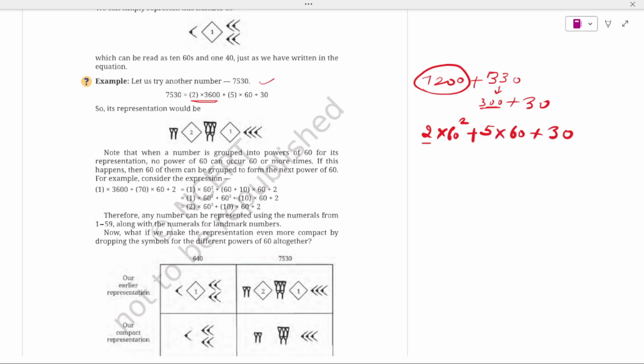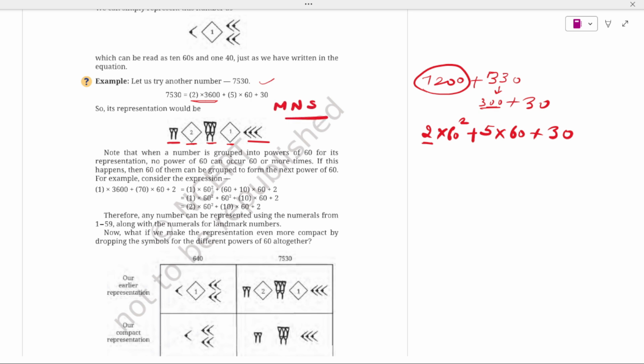This is clear to you? Symbol of 2 will be this, 5 times 60 will be this. This is the representation of the Mesopotamian number system.